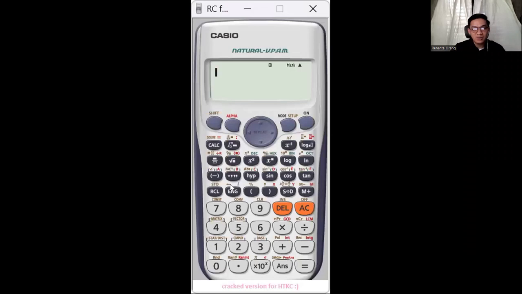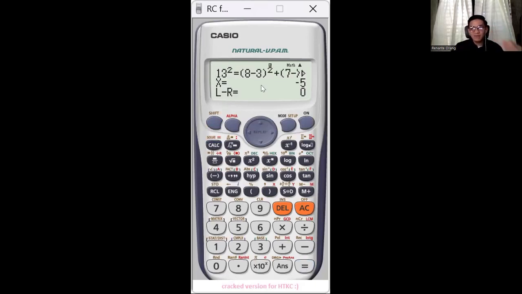We input 13 squared, then alpha, calc for equals, then open parenthesis, 8 minus 3, squared, plus 7 minus alpha x. So x is what we will use for shift solve. Then squared. Then shift, then calc, then equals.